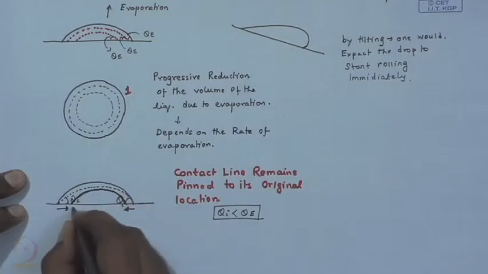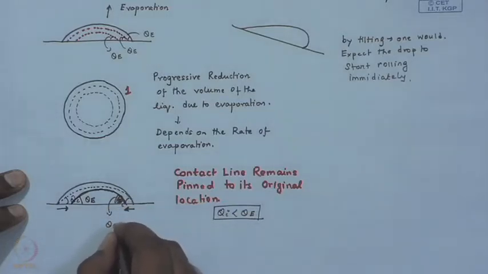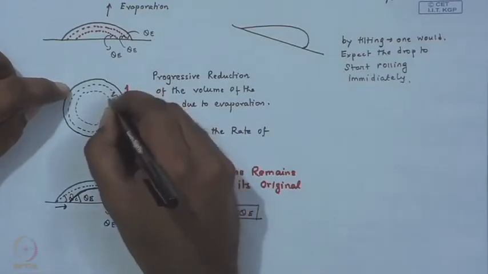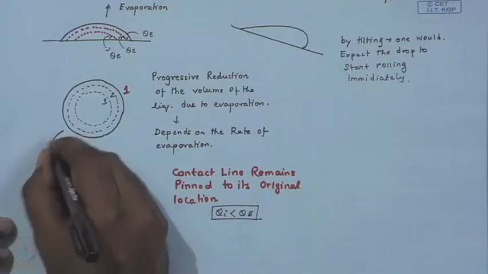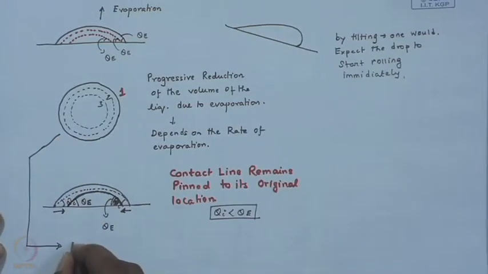Again the equilibrium contact angle matches with theta E. So, you see that this motion from the first to second to third pinned location is not a continuous motion. This is another very interesting class of problems which is also very well investigated.